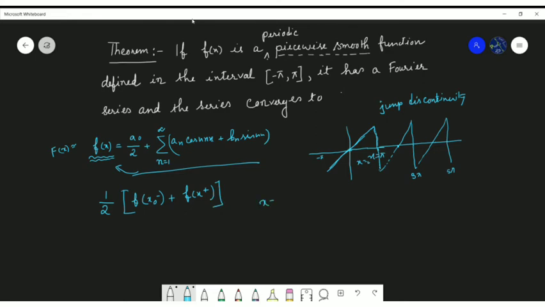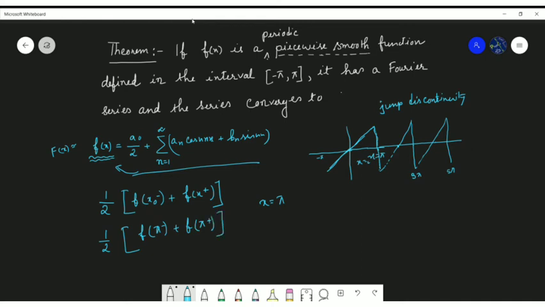So here x equal to x naught, what is the value of x naught? If you see, this is pi, x equal to pi. Here we are now talking about the convergence of this Fourier series at x equal to pi. That is the point of discontinuity. So here in place of x naught you have to put pi minus and pi plus.